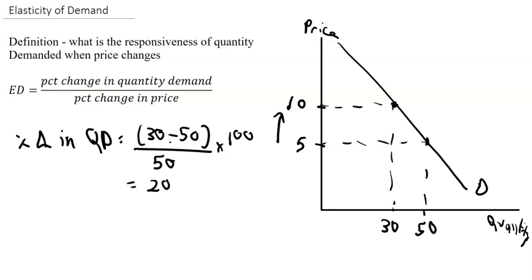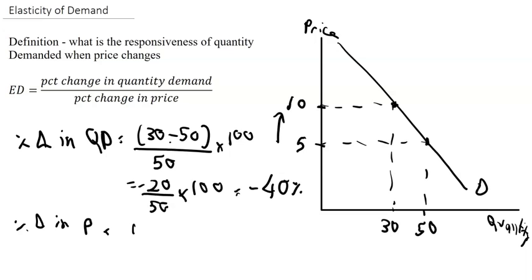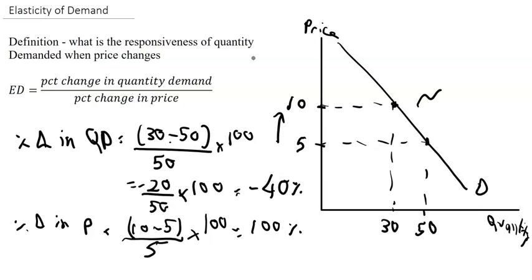So that is 30 minus 50, which is negative 20, over 50, times 100, which comes out to be negative 40%. Then the percentage change in price, since it's a price increase, is 10 minus 5 divided by 5 times 100, which is 100%. So my elasticity at this price point would be the percentage change in quantity demanded, dropping the negative sign, 40%, divided by 100%, which comes out to be 0.4.